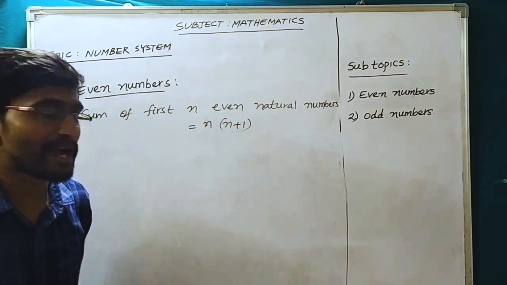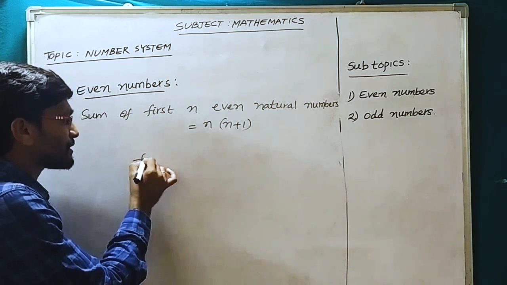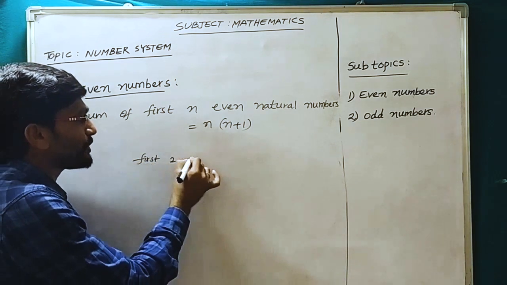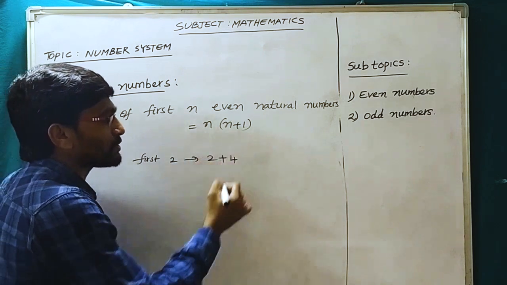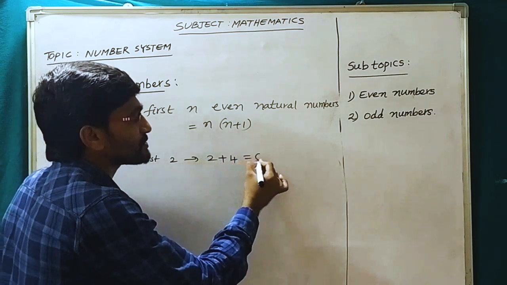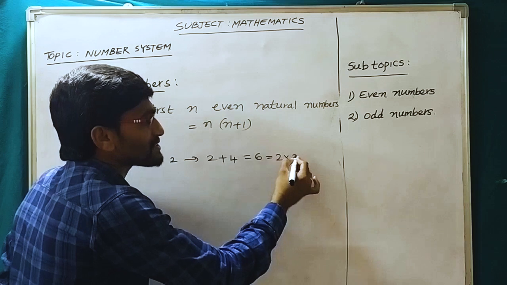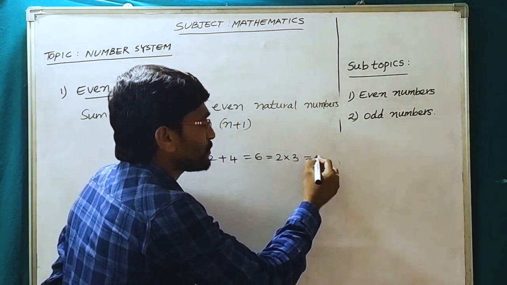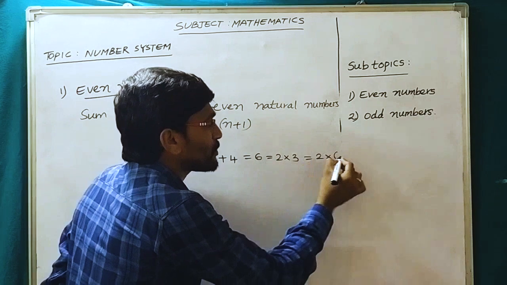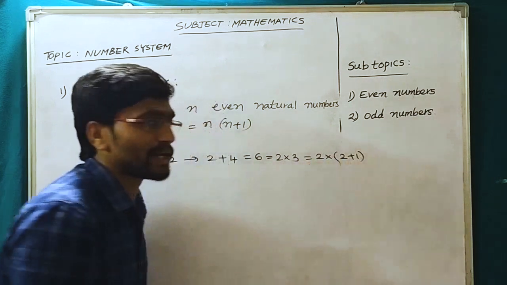Is it right or not? First we have to check. Take the sum of the first two even natural numbers, which are 2 and 4. The sum of them is equal to 6. 6 I want to write as 2 into 3, which can be written as 2 into 2 plus 1. Am I correct or not?